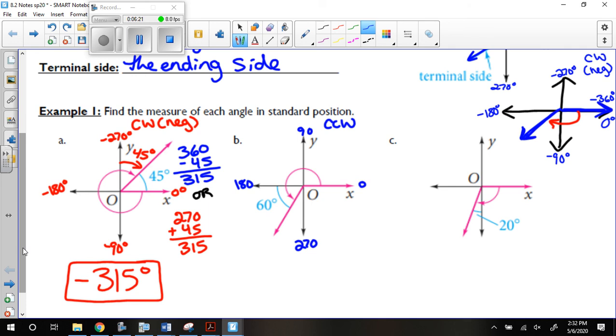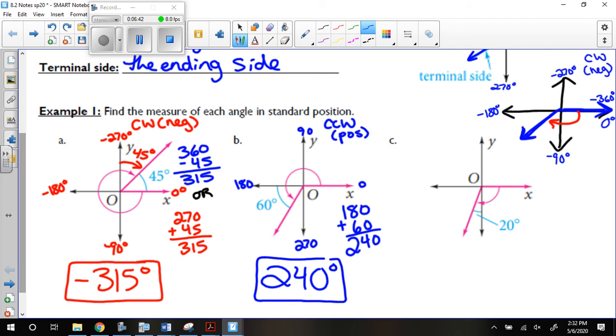We went 60 degrees past 180, so if you do 180 plus 60 more degrees, you get 240. So since we're going counterclockwise, which we know is positive, our angle is a 240 degree angle.